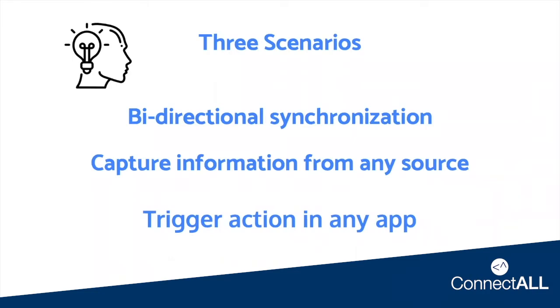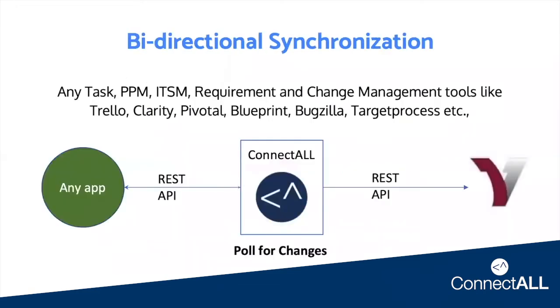So bi-directional synchronization, even if it's a tool in planning that we don't have, we can connect to it. Sharath is going to show that to us today and how we can attach that. He's going to show us Trello to Jira using our Universal Adapter and our Jira adapter.